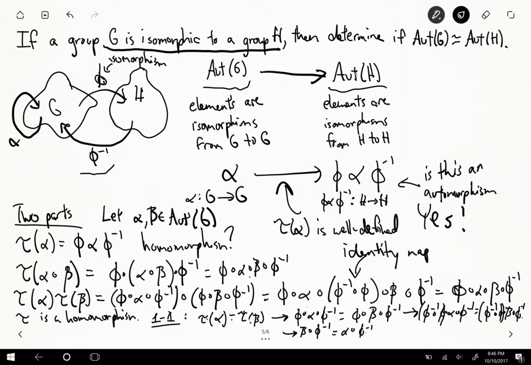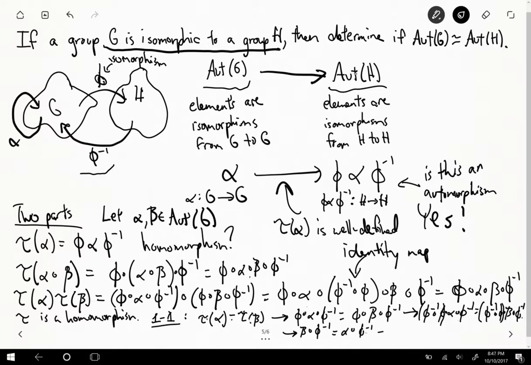Well, when you take a look, we can do another composition from where we start. So when you did phi inverse, if you did phi right from the get-go, we start in G, do phi, and then phi inverse.